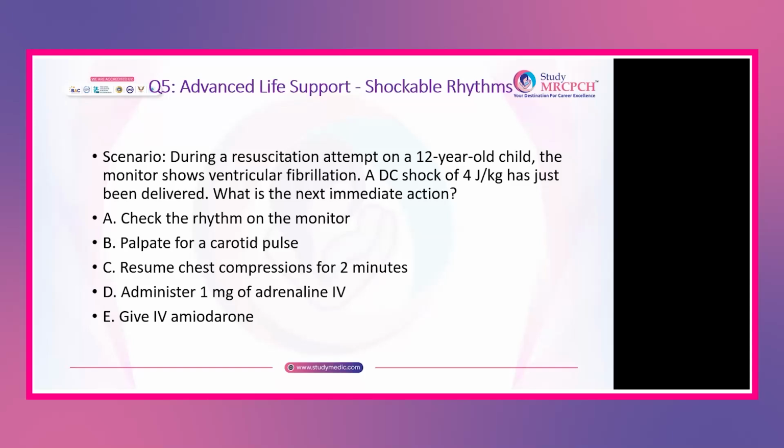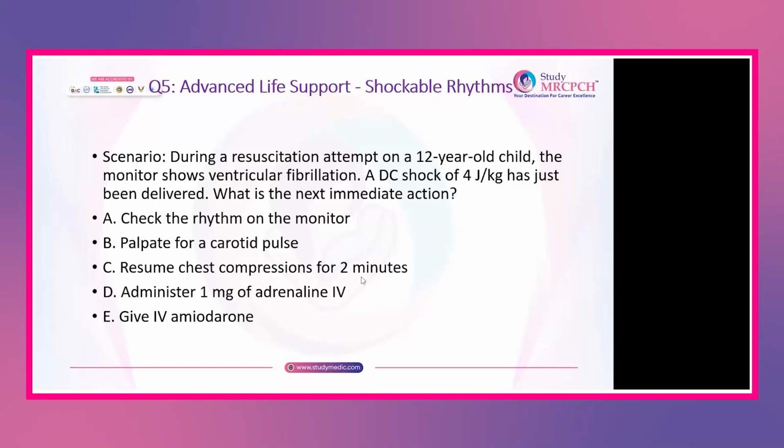What is the next immediate action? After we give this shock, what do we need to do? Shall we check the rhythm on the monitor, palpate for the carotid pulse, resume chest compressions for 2 minutes, administer 1 milligram of adrenaline IV, or give IV amiodarone?